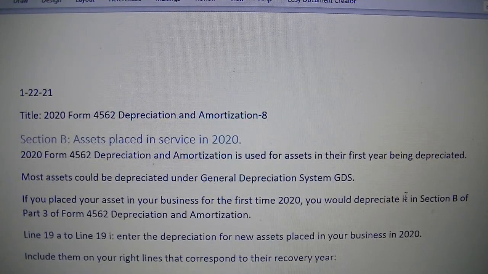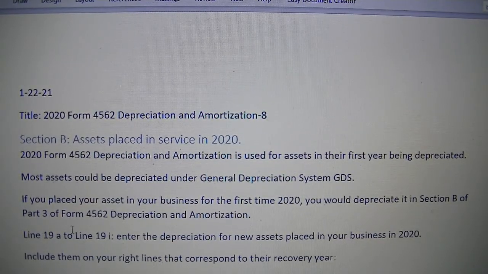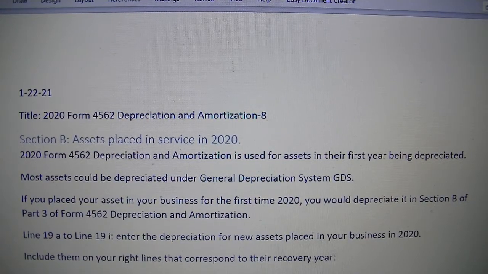in section B of Part 3 of Form 4562, Depreciation and Amortization. So from line 19A to line 19I, you'll enter information about the assets.